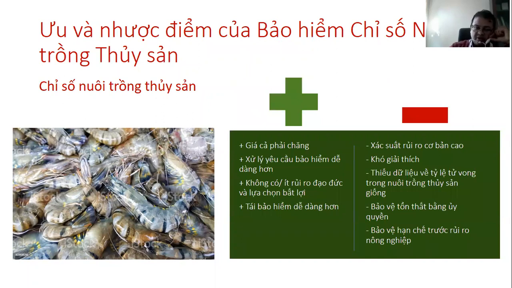So again, quite similar to before in terms of the advantages. It's essentially the same as with livestock insurance. And also the downsides are quite similar, except again, you need a lot of detailed, granular information on aquaculture mortality data, which is quite difficult to obtain.